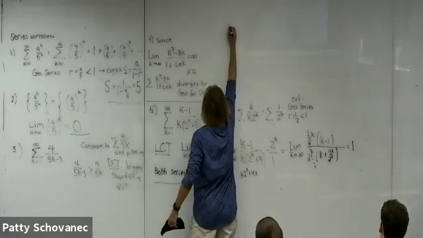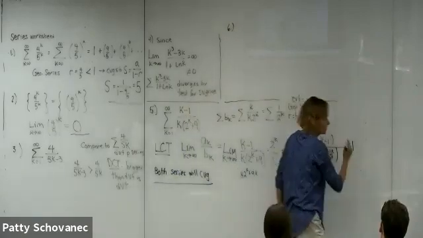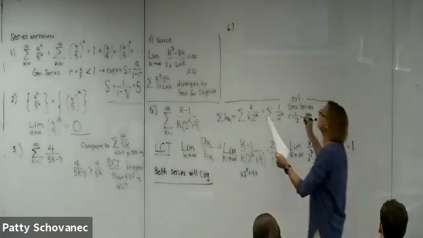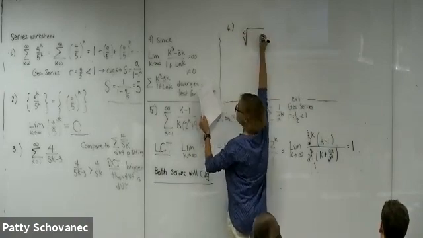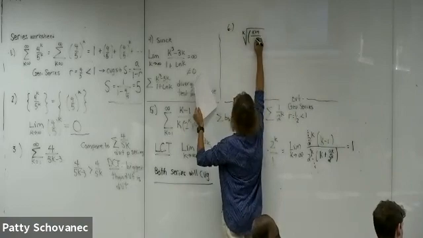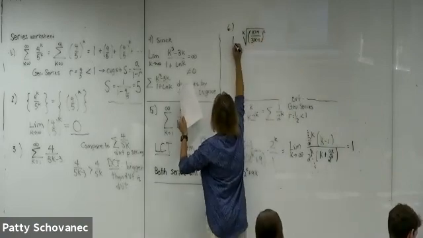All right, let's see what we did for number 6. Anybody do the k-th root test? The k-th root of the general term, (k plus 4) over (3k minus 1), to the k power.